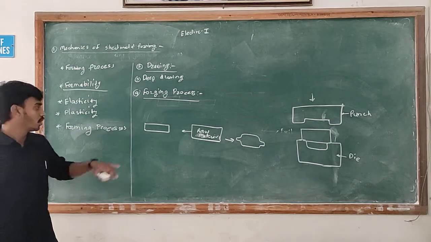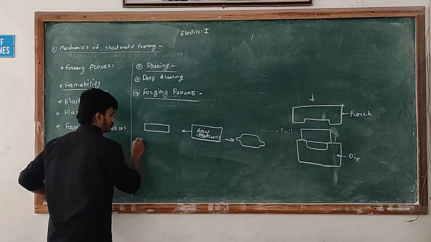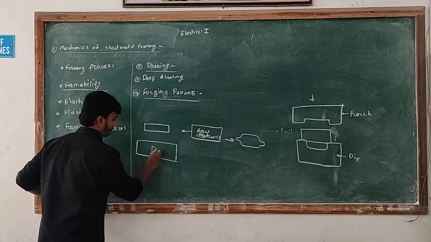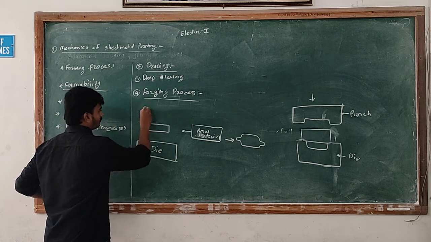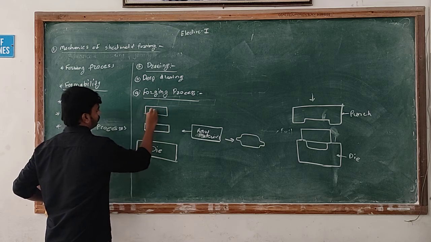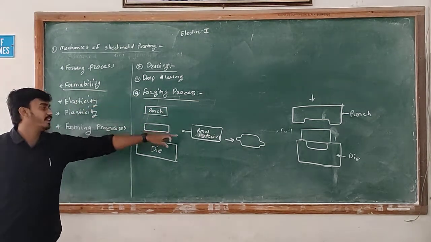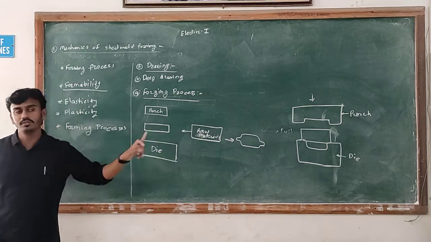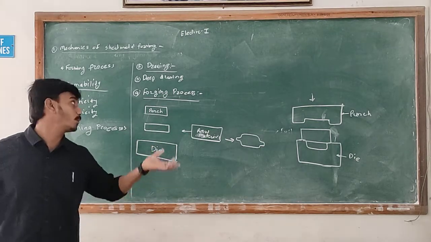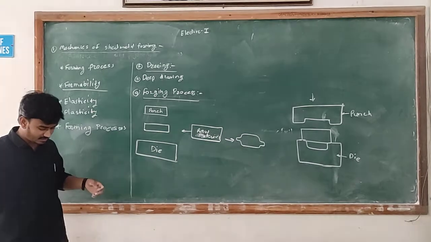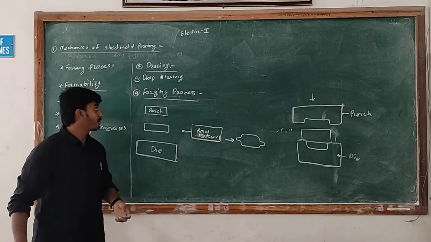For this purpose, this is my die and this is my punch. I will apply the force on the punch and then this raw material is converted into the finished product. So this process is called the forming process.